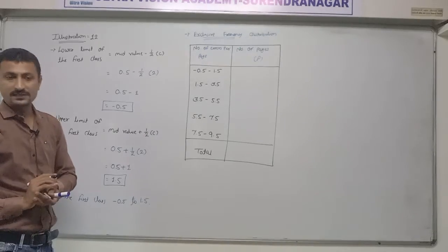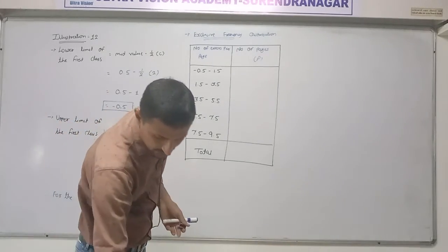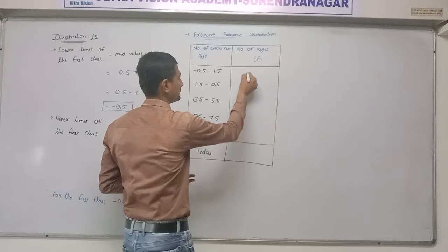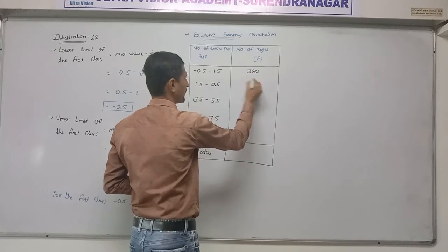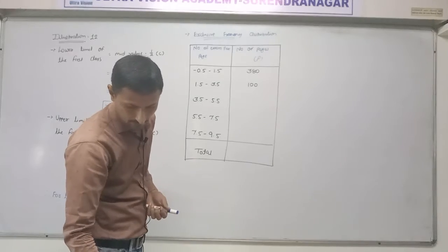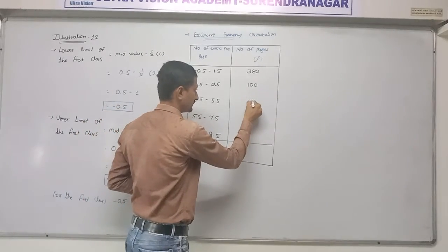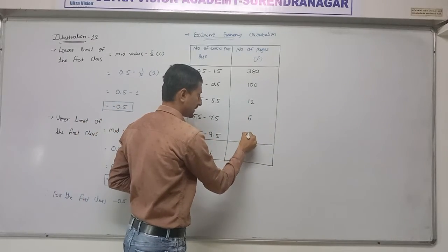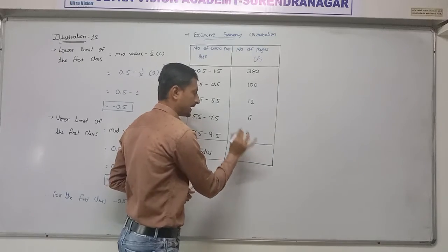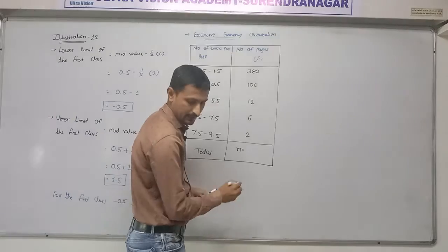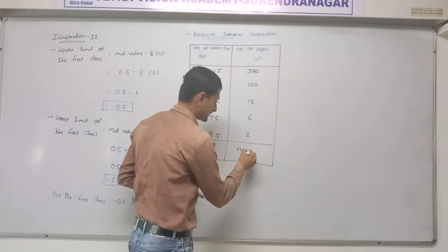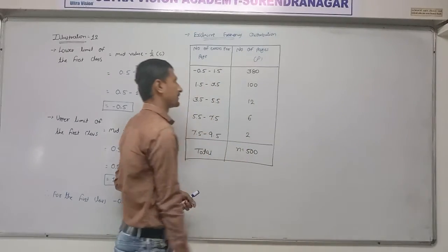The number of pages as it is, no changes: 380, 100, 12, 6 and 2, and total number of observations is 500 pages, as given in your question.